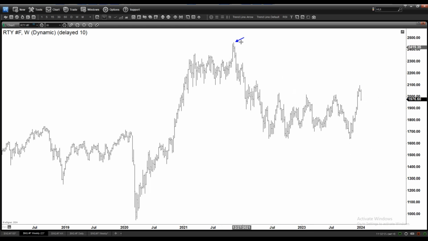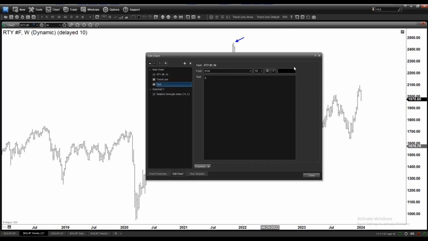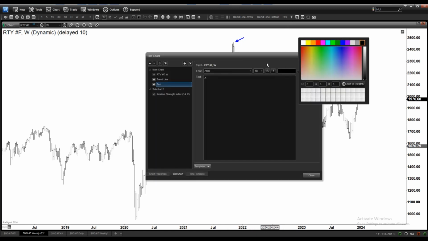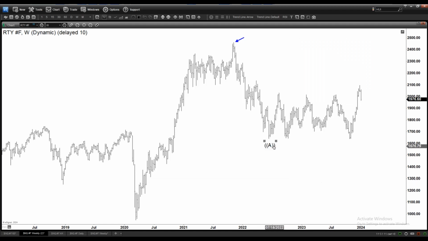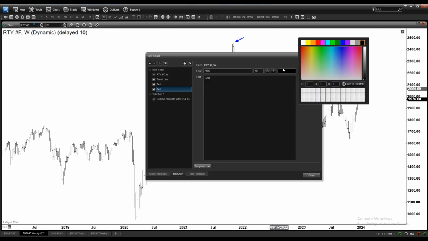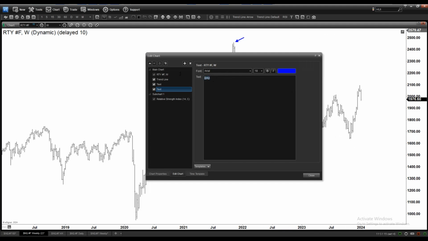So in other words, think about it. If you want to call this, let's say, with A, for example, right? Let's just pick a degree. Let's call it a primary degree, like in this way. Because you got a divergence and you got a lower low, it is possible that you have something like this.